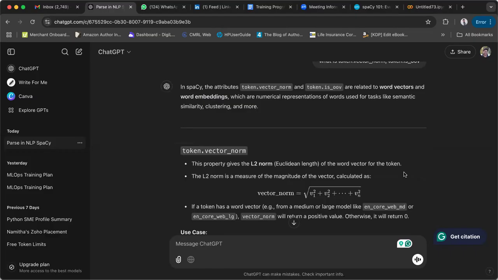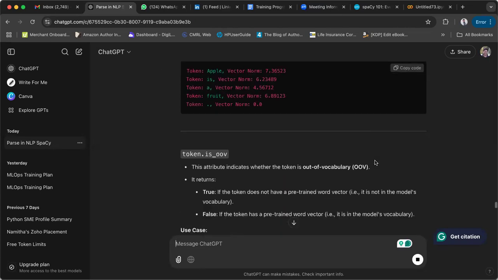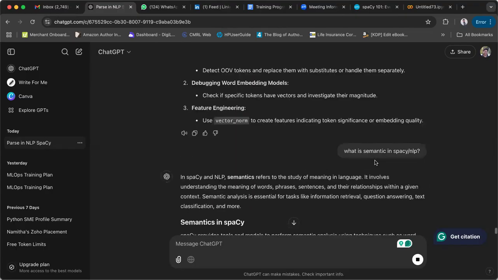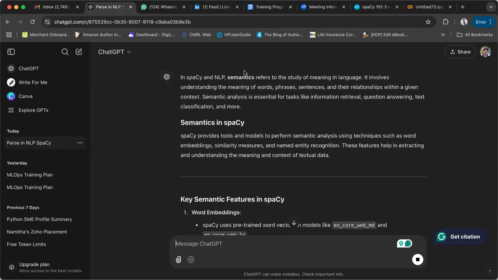So whenever you see the word semantic, let me show you what semantic means. Yes, we need to break down each and every piece of information which is very new to us. Semantics refers to the study of meaning in language. This is where many Gen AI developers are working on semantic representations.